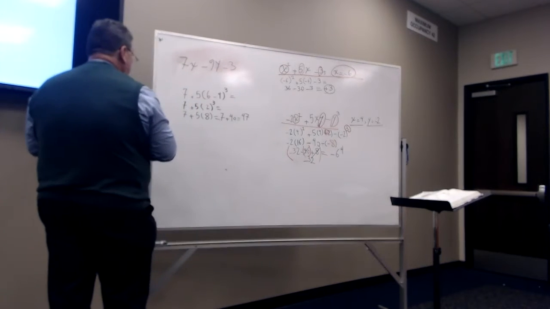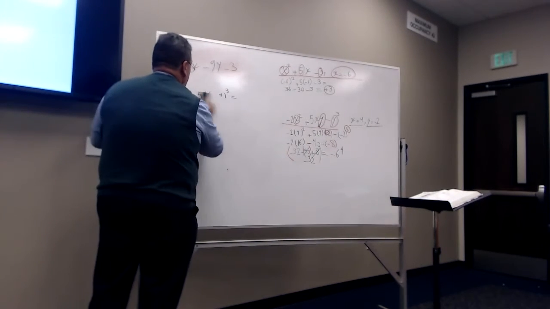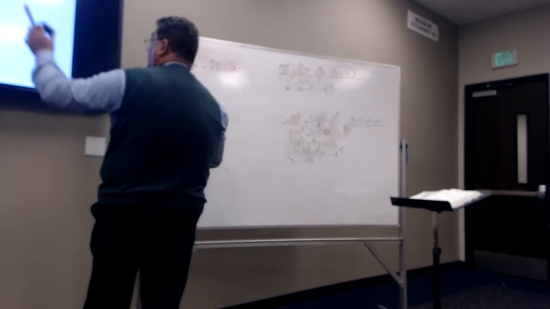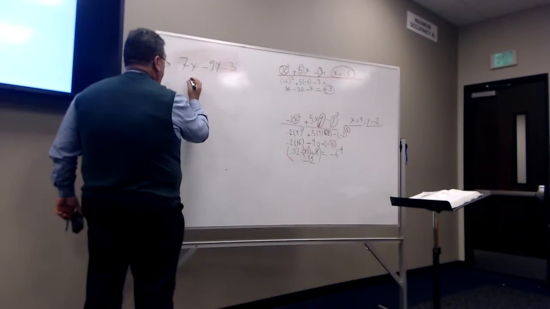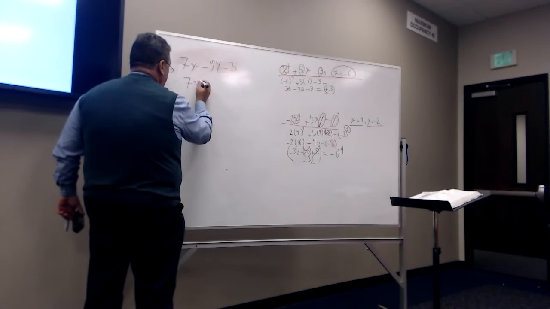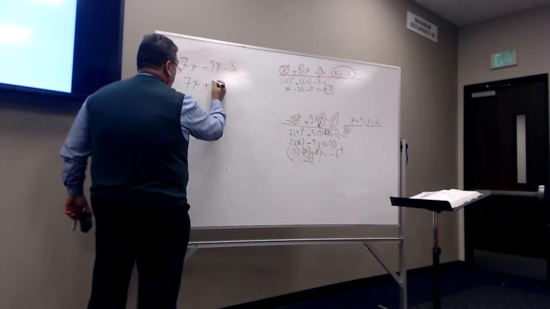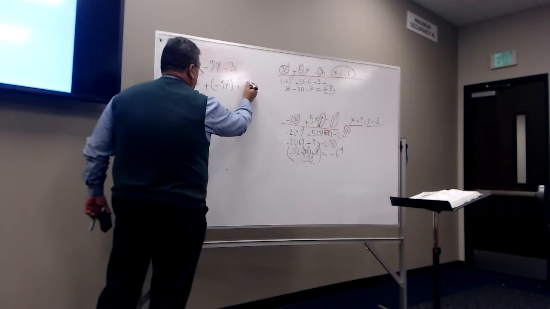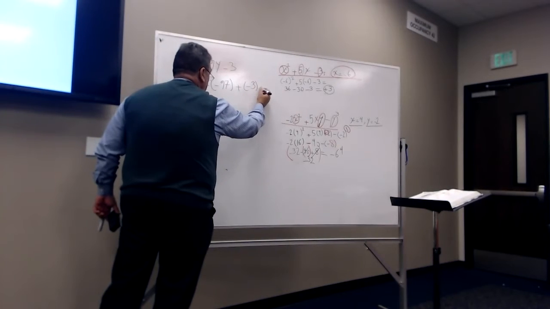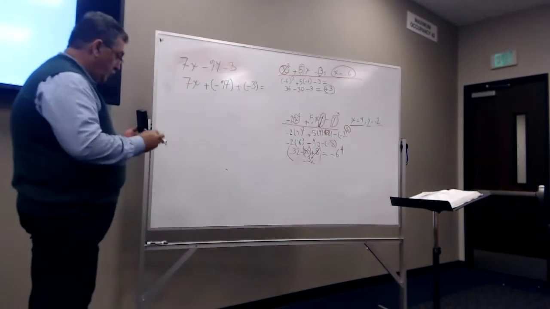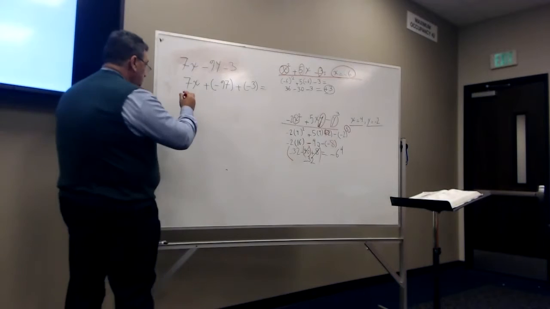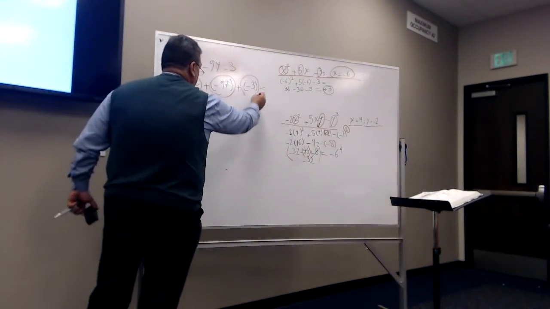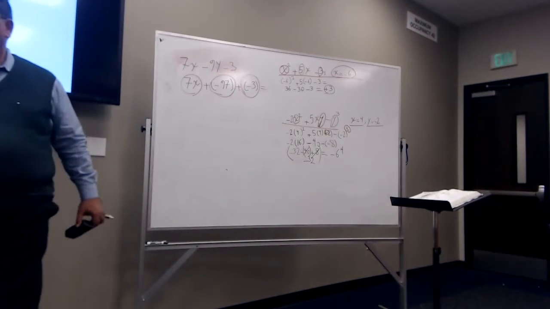Well, I can write that, but if I want to put parentheses, it would be 7x plus minus 9y plus minus 3. Yes? Then my terms are, these are my terms. One term. Another one.